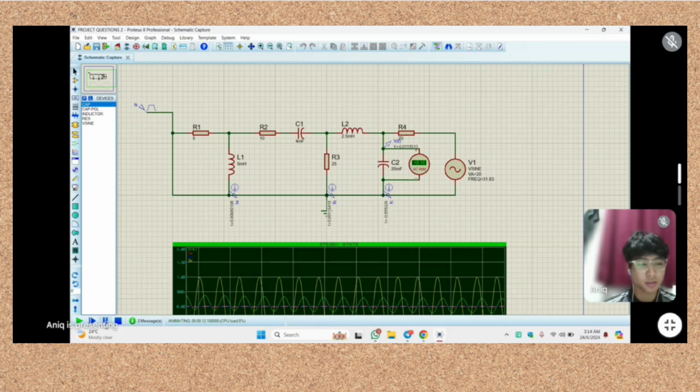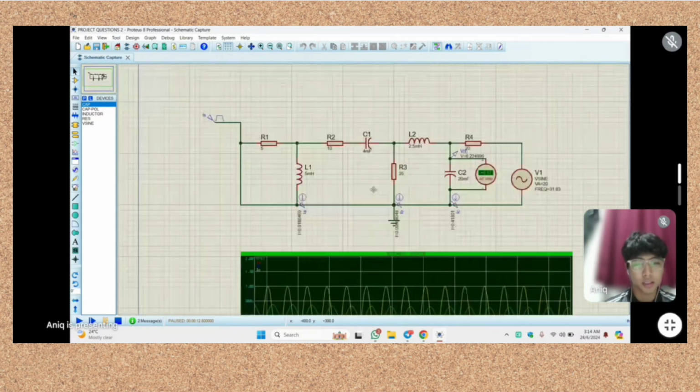So we just need to stop the simulation, and we know the answers: IA is 0.018, IB is 0.0086, IC is 0.41, and the voltage V equals 0.2249.